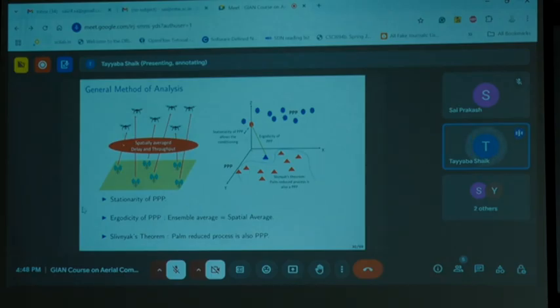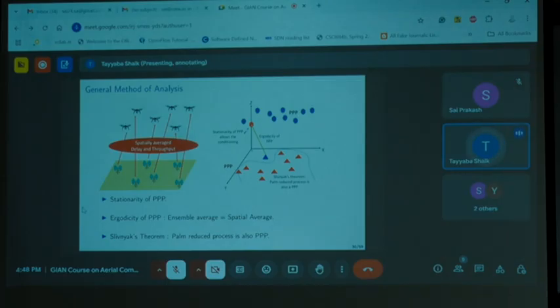Say the delay on this link is some 10 slots, the delay on this link is some 2 slots, 5, 6, 7, 8, and so on. The average amount of delay is what we are interested in. So it is the sum of the delays on each link divided by the total number of links. But evaluating this spatially average delay is the same as finding the ensemble average delay, from the ergodicity of the point process.